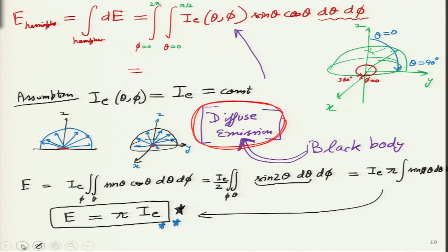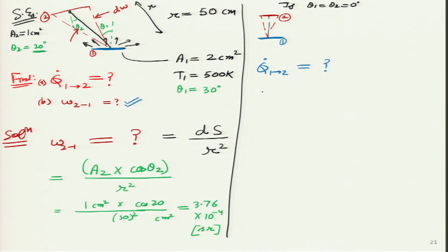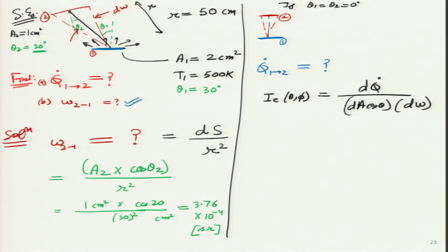I am going to write the basic equation first, which is simply that I e theta phi was dq dot divided by the projected area per unit solid angle, which means dq dot will turn out to be simply I e theta phi dA cos theta into d omega.